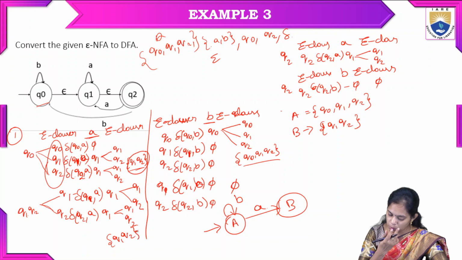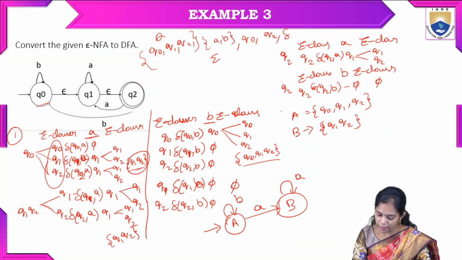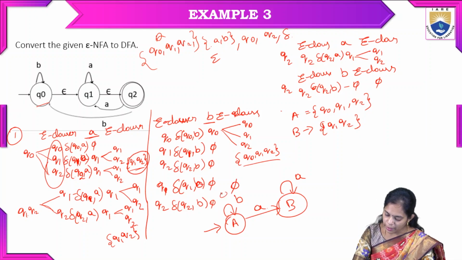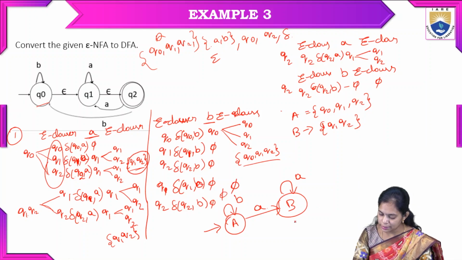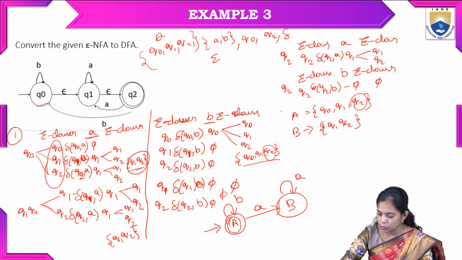So the result for A itself is the input symbol, and for the B input we don't have any, so pi only, there is nothing. And B with Q2 is having the final state, so both states are the final states.